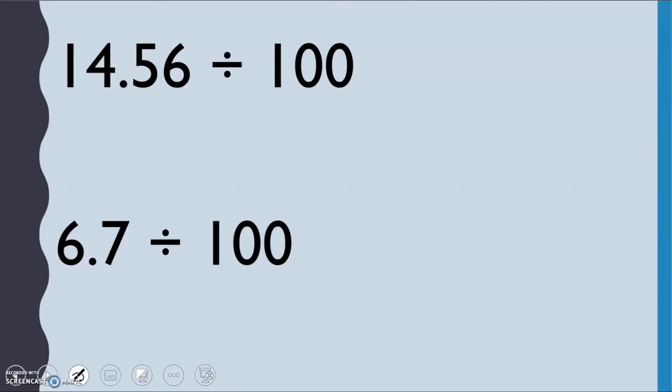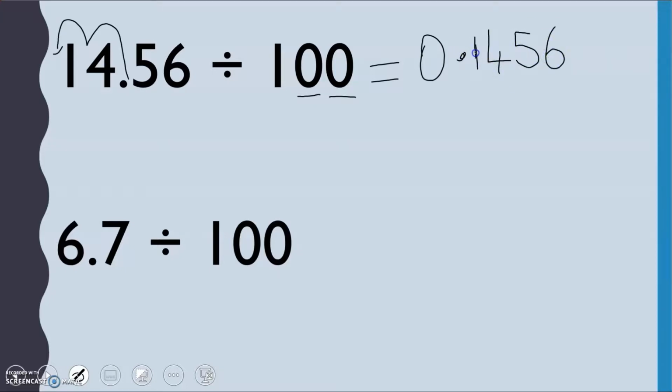14.56 divided by 100 then, we've got 2 zeros, 1, 2 spaces to the front, so that's going to become 0.1456. And then 6.7 divided by 100, well, I'm just going to write it out down here. 6.7 divided by 100, it's the 2 zeros, so it would move 1, 2 spaces.